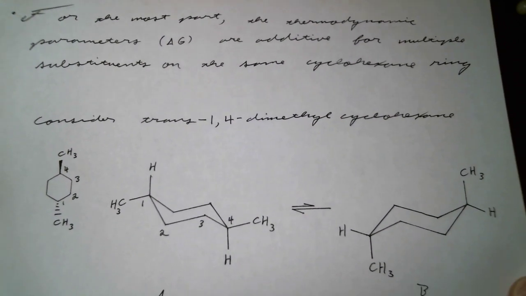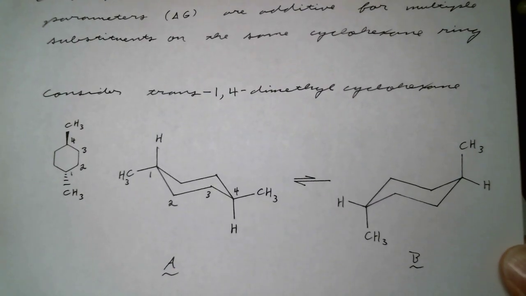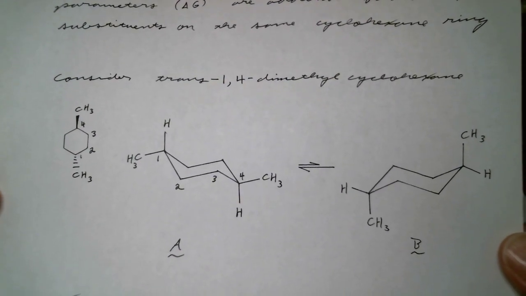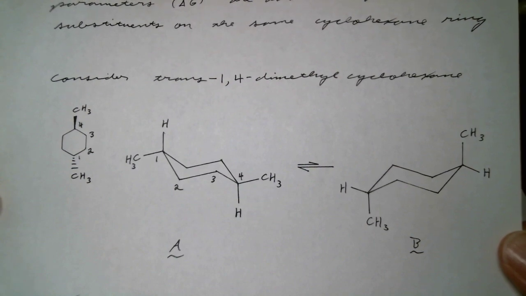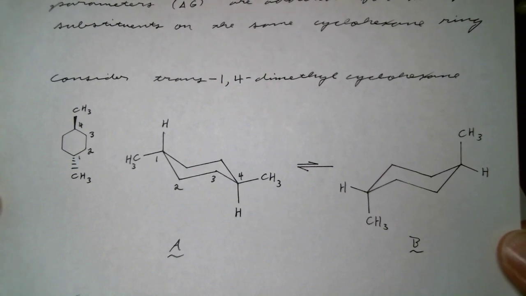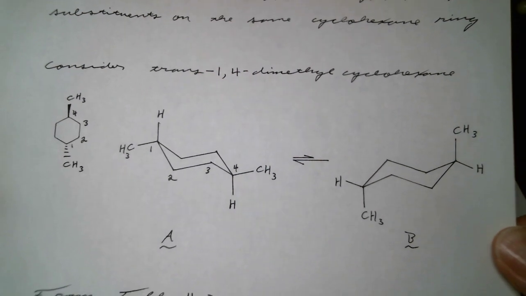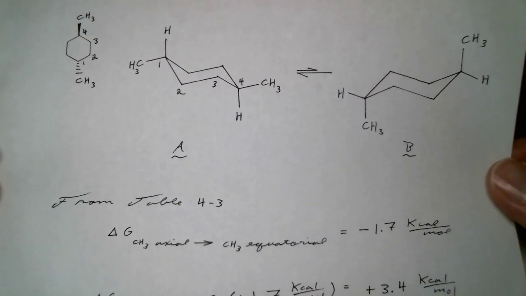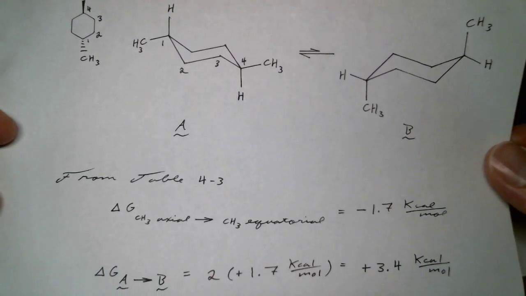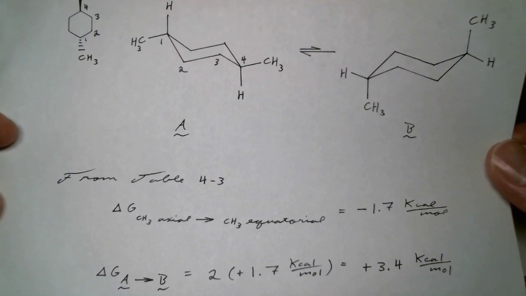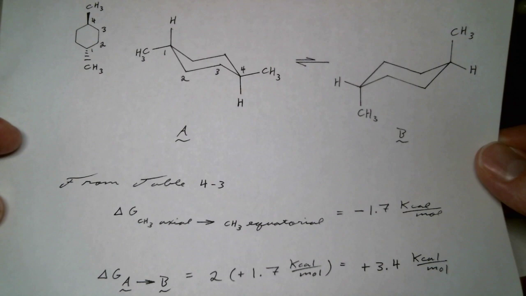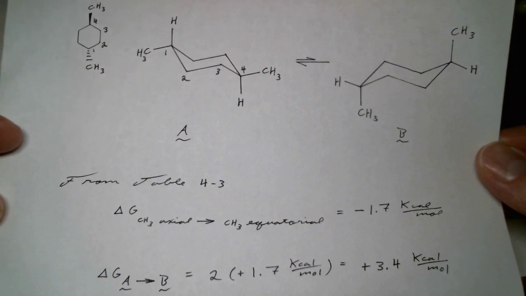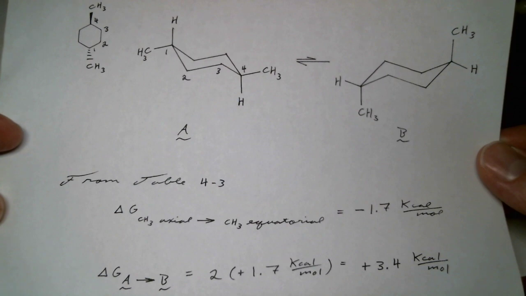So in converting from conformation A, where both methyl groups are equatorial, to conformation B, in which they are both axial, we simply multiply that value of 1.7 times 2. So the change in free energy for converting from conformation A to conformation B would be 2 times positive 1.7 kcals per mole. It's positive because we're going from equatorial to axial.